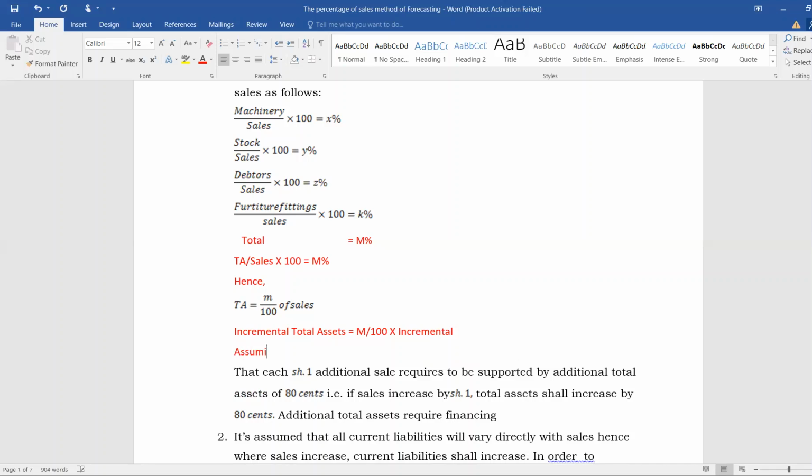Assuming that in the above illustration M% is equal to 80%.